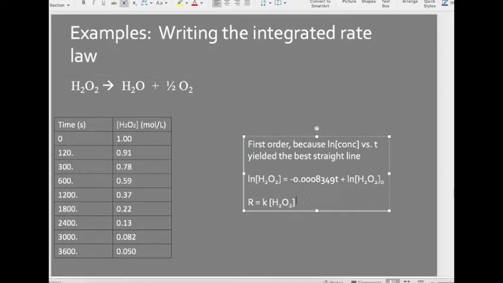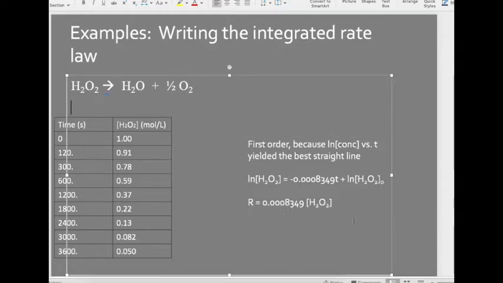So I know that n here is 1. I don't have to write it. And I know what k is. k is the negative value of this slope. Remember, k is always going to be a positive number, 0.000839. So I now am able to write both of my rate laws, integrated and differential.